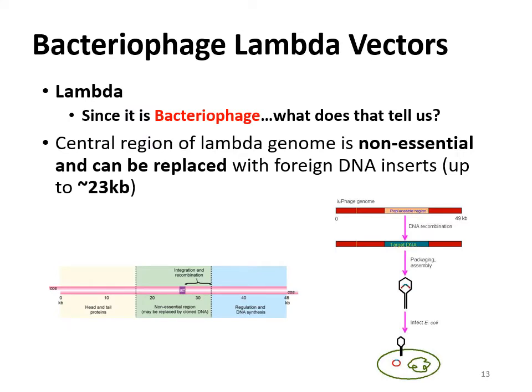Now, in addition to plasmid, sometimes we use some other types of vectors. Here we have bacteriophage lambda vectors. That's basically saying that you can use lambda, which is a virus, okay? A virus that infects bacteria with its viral genes. And interestingly, the viral genome of lambda is not actually all essential.